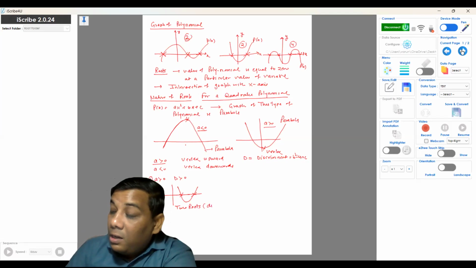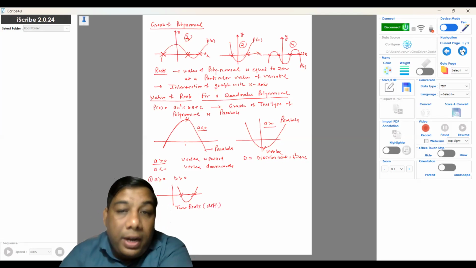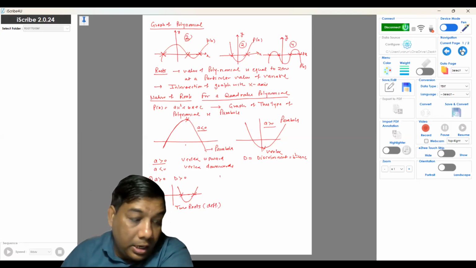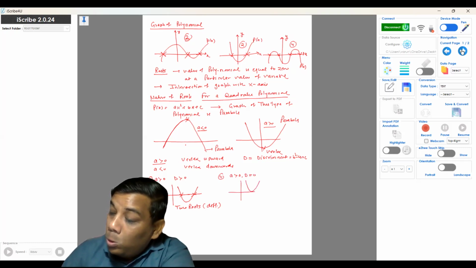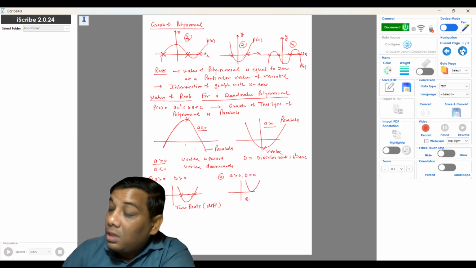And both are different. Second condition is a greater than 0, D equal to 0. Then roots are same.